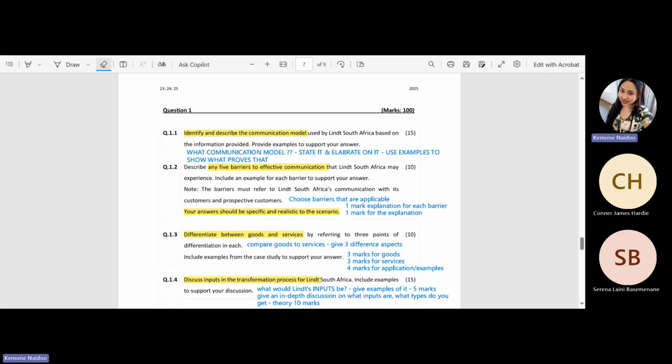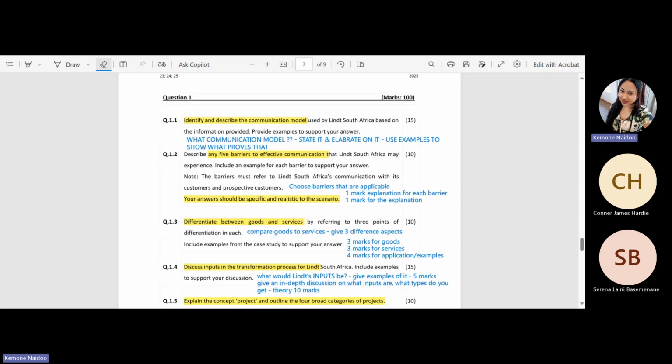Now, this whole assignment is out of 100, and as you can see, the questions hold quite a large amount. So you want to make sure that you write enough for each question and not just theory, but like I said, theory and application. So you want to make sure you're hitting all the points to get that full mark.